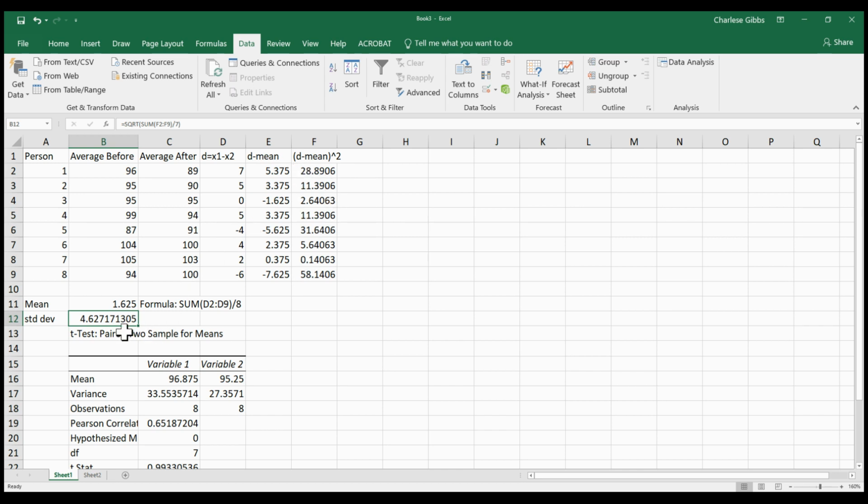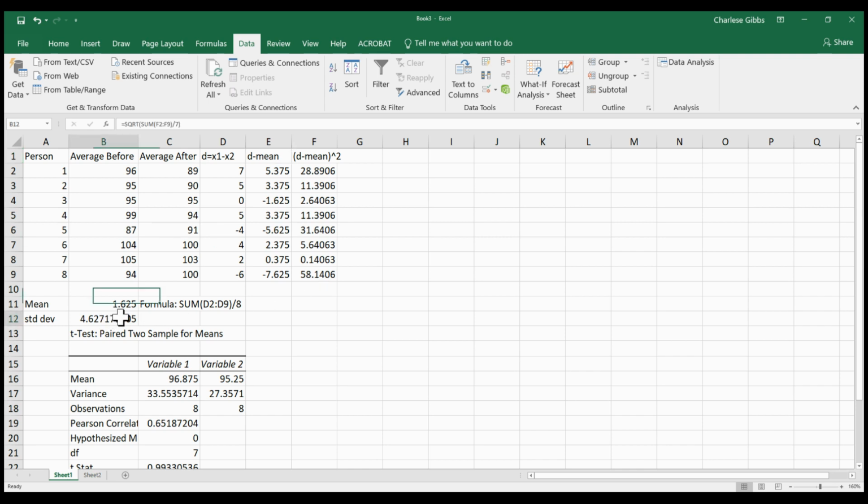So I'm going to run over that one more time. So you have your x1, x2 column, your d minus mean column. You want to square these. This is just this squared, making sure it's all positive.